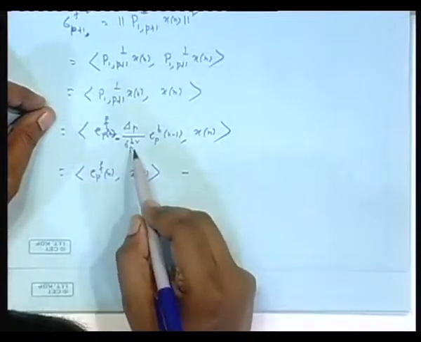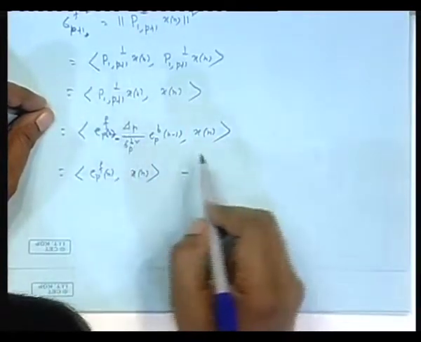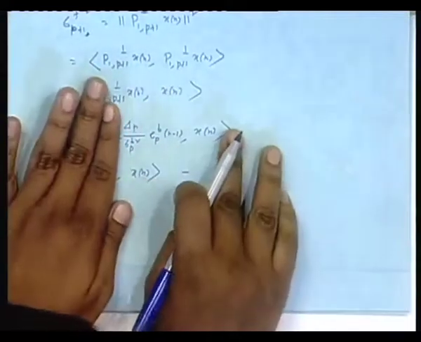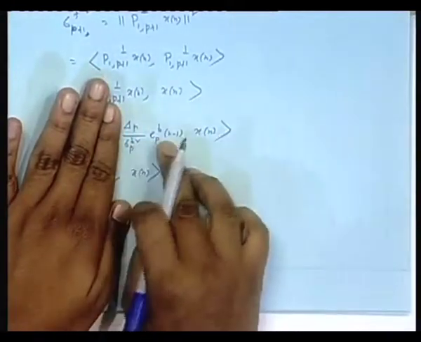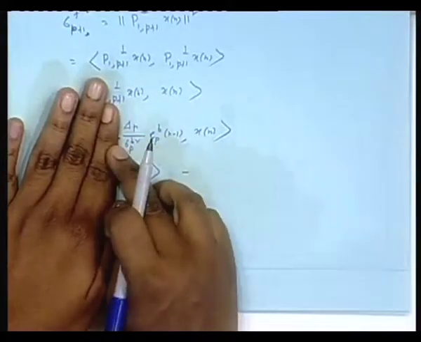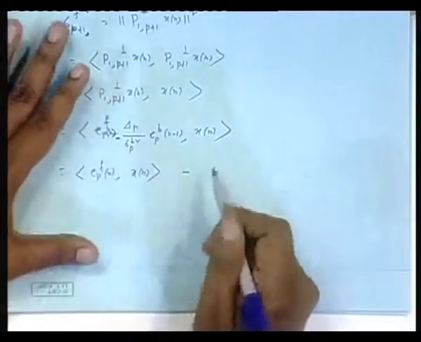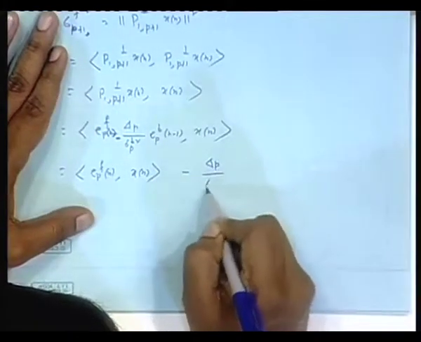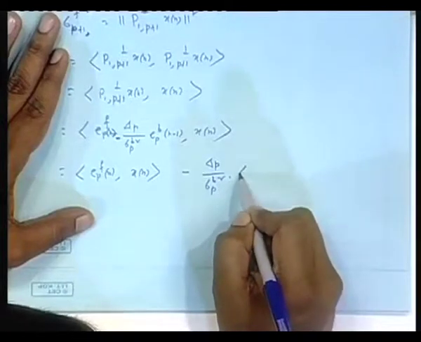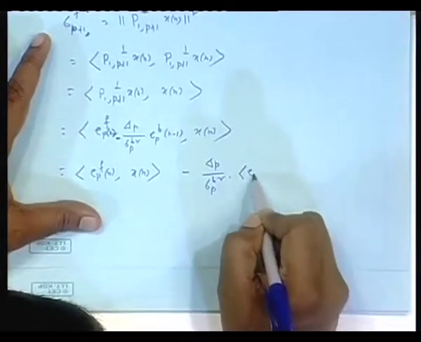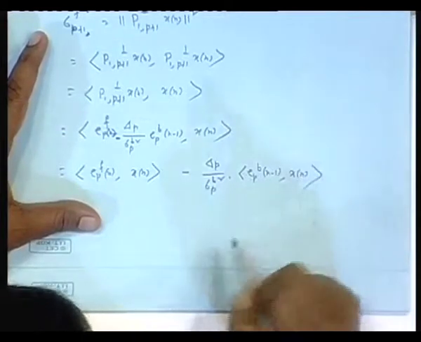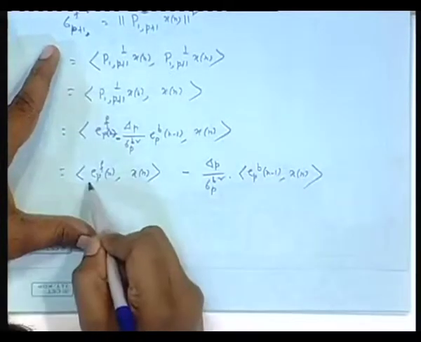Delta p and delta p by sigma p b square, they can come out of this part, since in the inner product these coefficients are coming in the first coordinate, they do not get conjugated, they just simply come out as it is. So, delta p by sigma p b square. Okay. Now, what is this quantity?